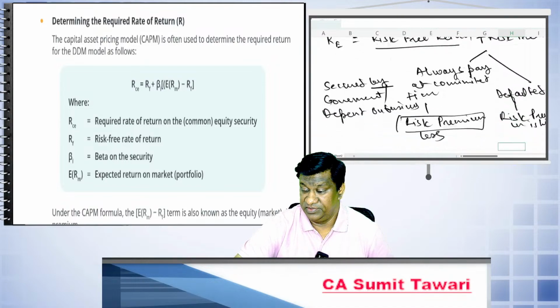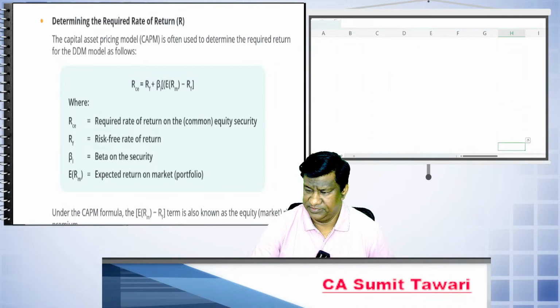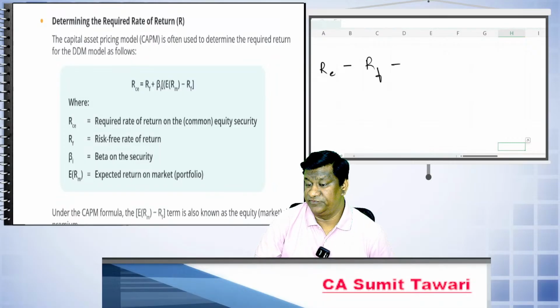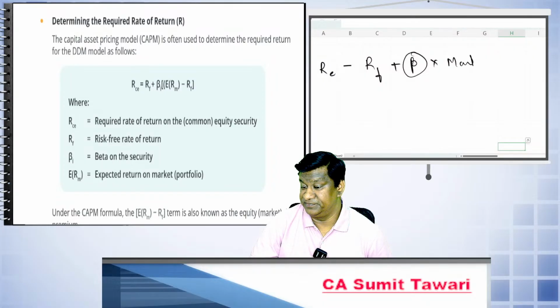Okay, now, this is the risk-free rate of return, and now the security premium. So what I am calculating here is beta, I will explain this, multiplied by market risk premium.